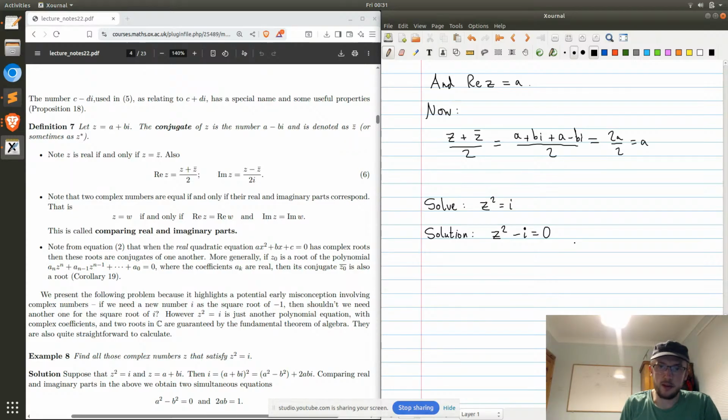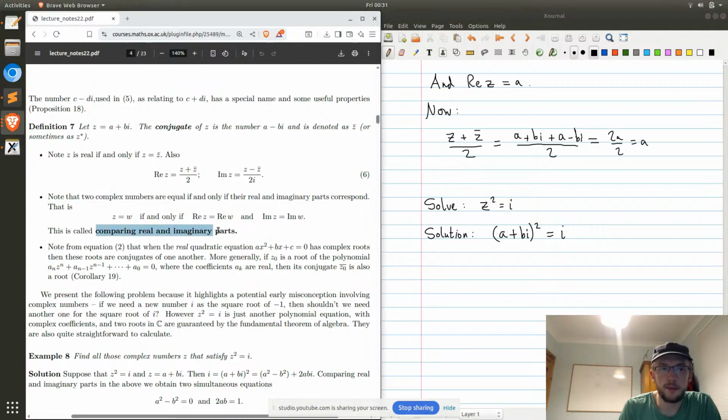Actually, maybe that's not the best idea, because I think it will just end up asking the same question again when I do the quadratic formula. So what I'm going to do instead is pretend that I already have the solution, a plus bi, and I'm going to square it, and set it equal to i, and then do this comparing real and imaginary parts.